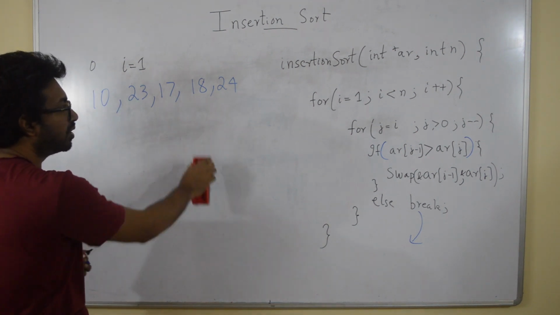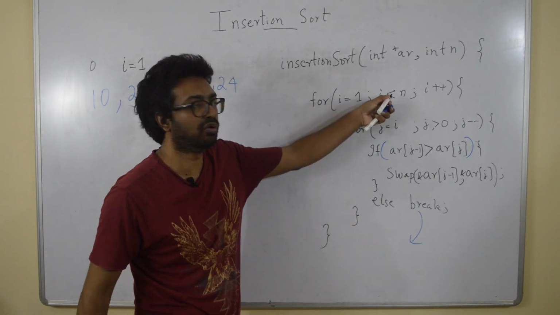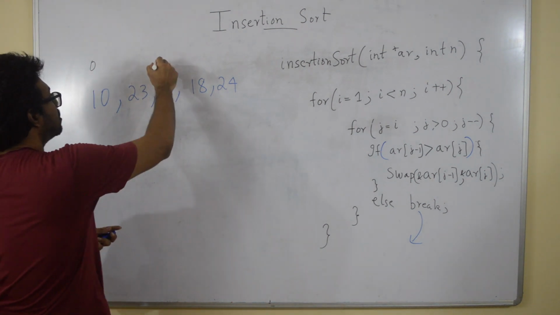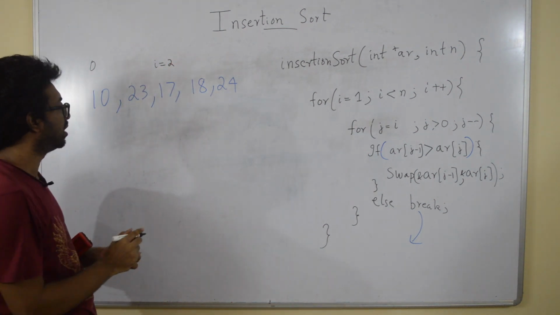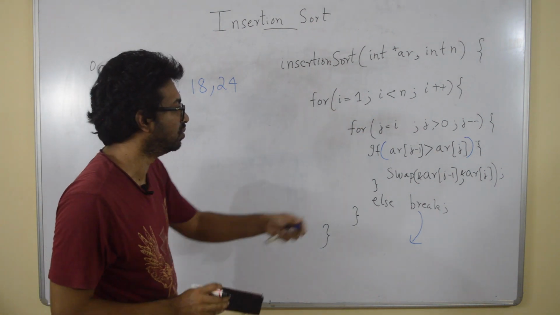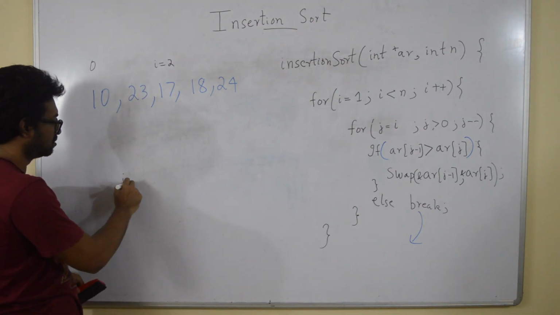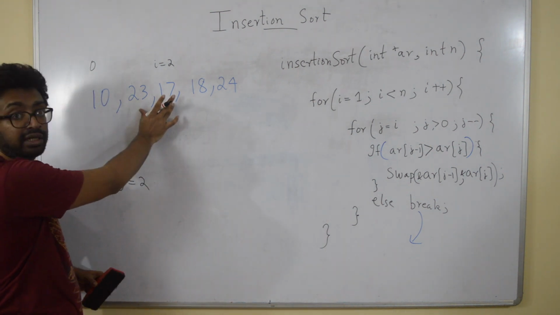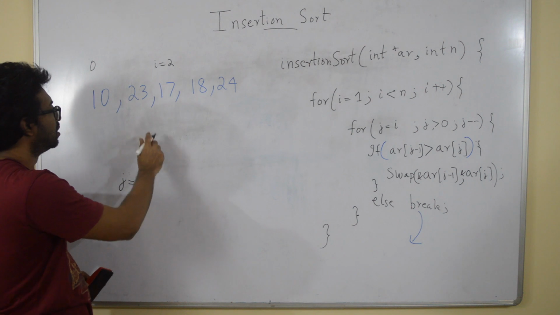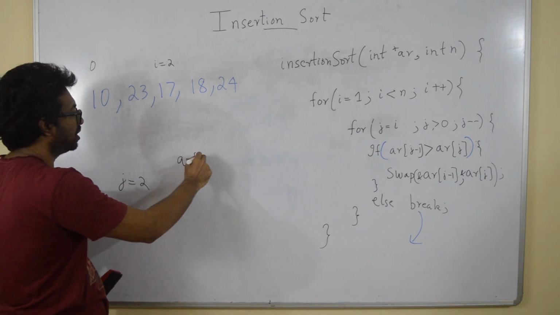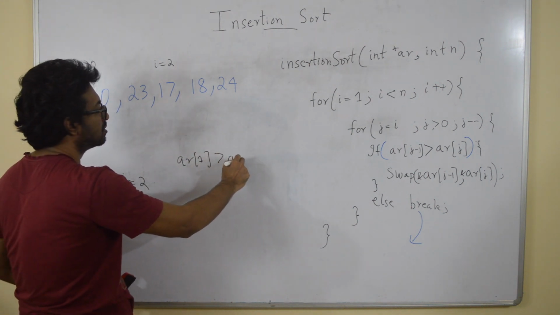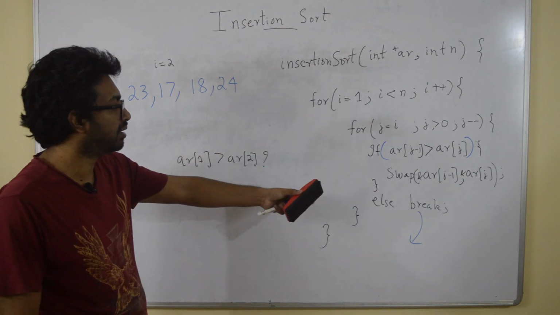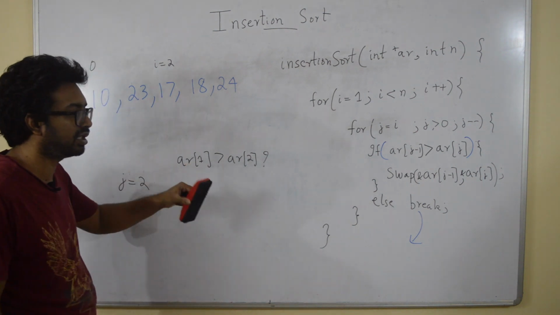So then we go again, and i moves to 2. Now again j starts from 2, and we compare j minus 1 and j. So we compare AR of 1, and indeed it is true. AR of 1 is greater than this thing, so we swap.